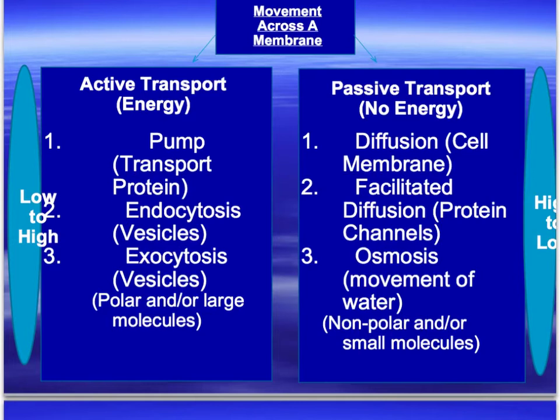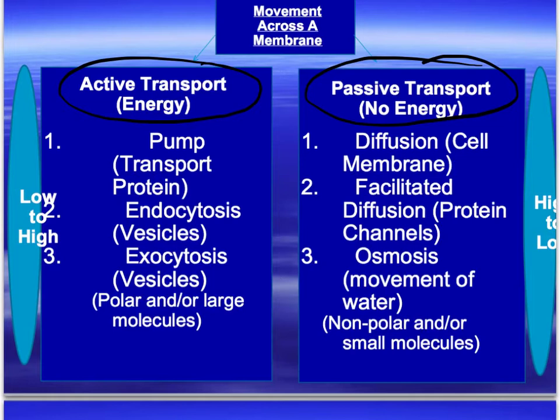I'm going to move ahead and then backwards. When this got reformatted to fit this software, it kind of screwed this slide up a little bit. But let's just talk about two different types of transport. Basically, this means how things get into and out of the cell membrane or the plasma membrane. We're going to talk about active transport and passive transport.